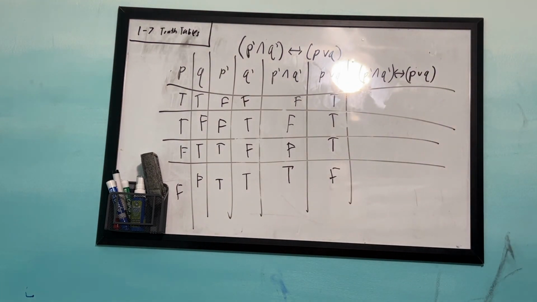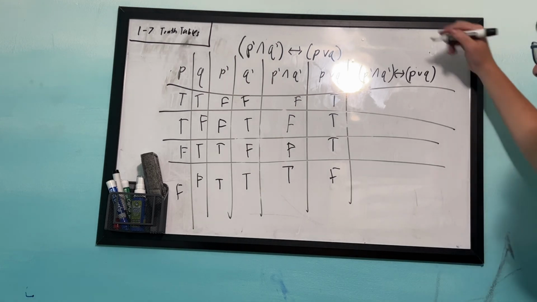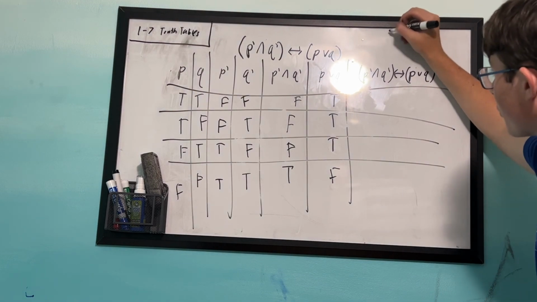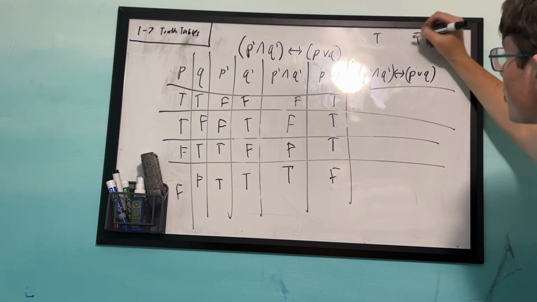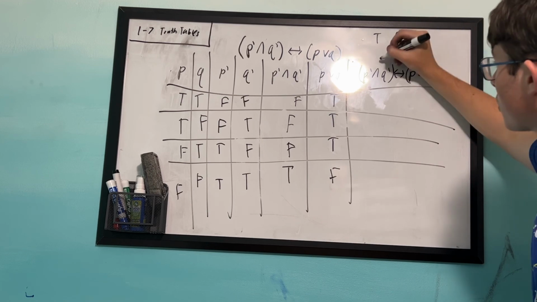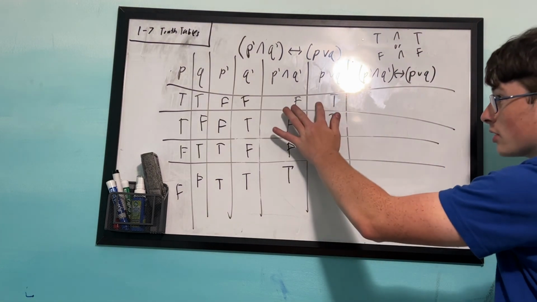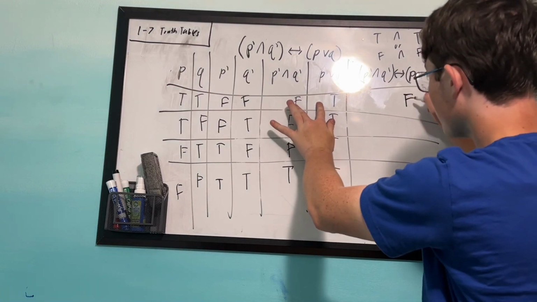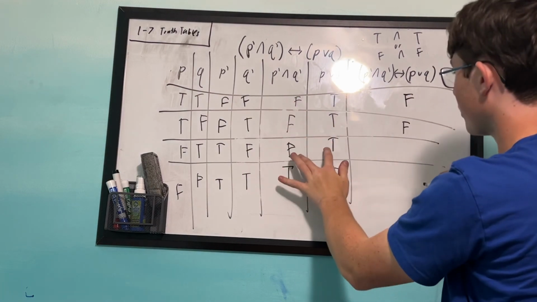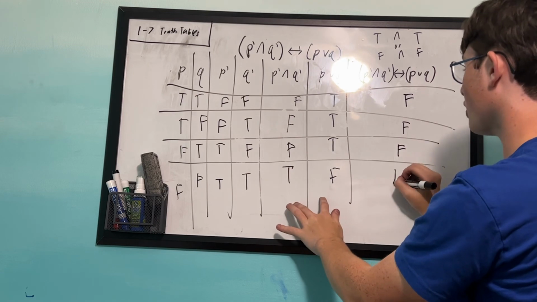And then we're going to say not P and not Q if and only if P or Q. Well, as we expressed earlier, this will only be true if this is true and this is true, or this is false and this is false. So let's see. These are different here, so false, different here, false, different here, false, different here, false.